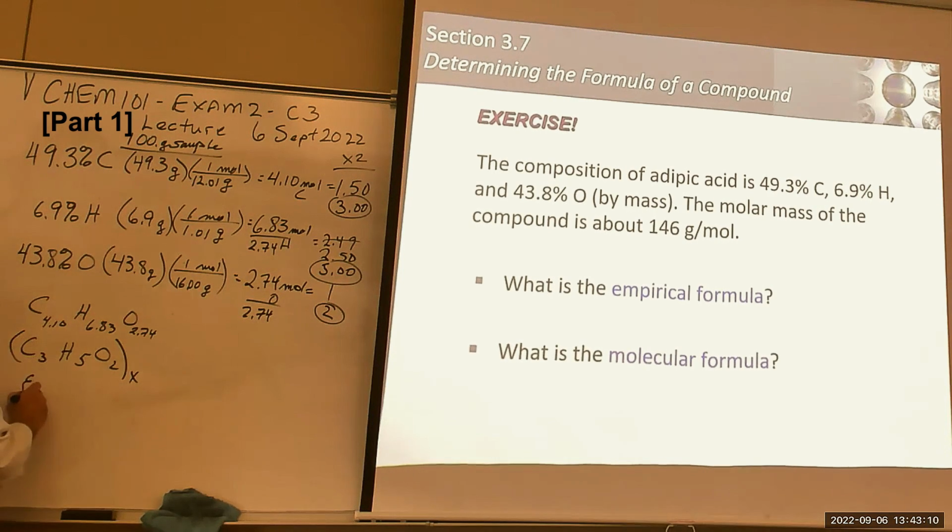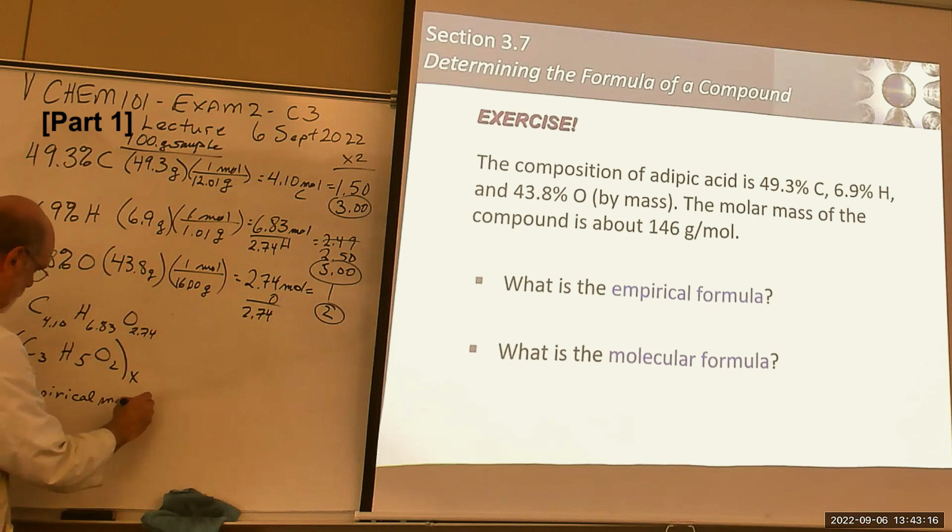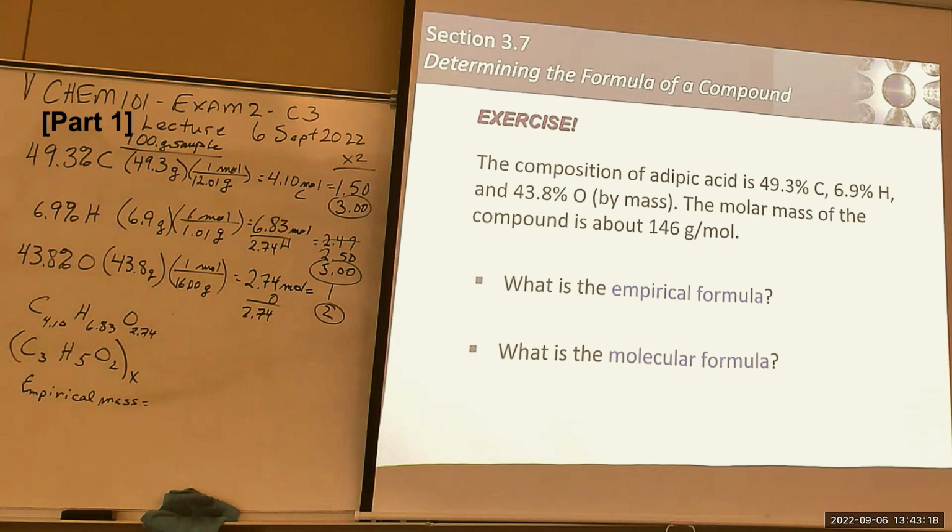So the empirical mass equals what? 3 carbons, 12.01, 5 hydrogens, 5.05, and 2 oxygens, 32.